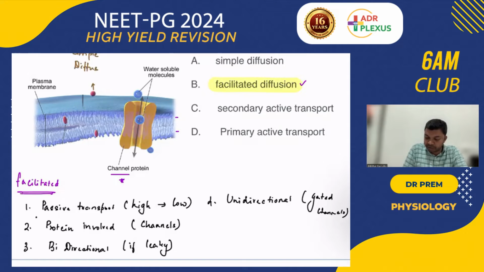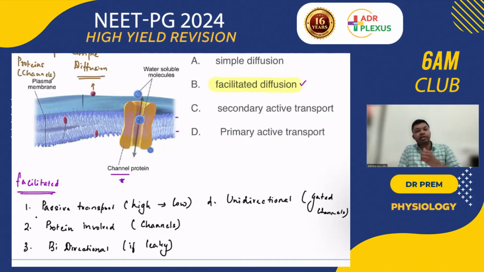The difference between simple and facilitated diffusion is this. Simple diffusion carries transport of molecules without any channels. There is no need of any specialized proteins. In a precise manner, there is no need of any channels.